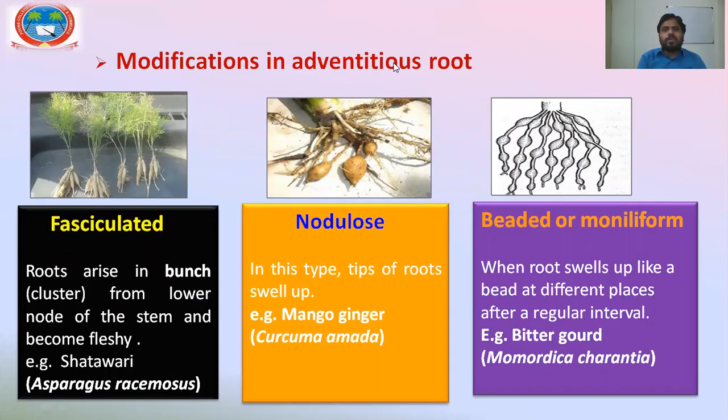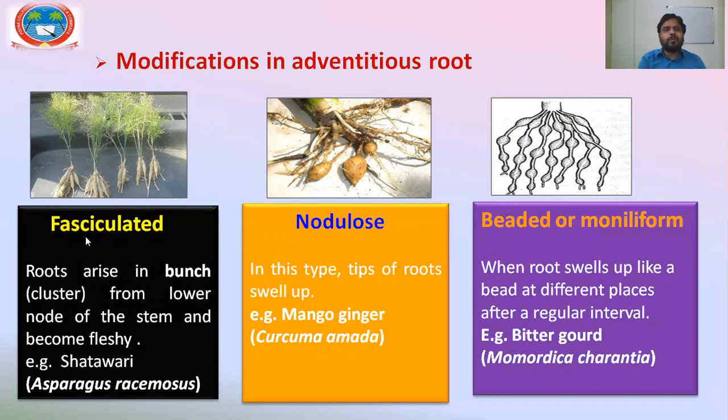Now we'll talk about the modifications in the adventitious root. First of all, we talk about the fasciculated root. Fasciculated roots have the same structure as the fusiform root, that is, the base and the tip taper and the middle gets swollen, as we studied in the fusiform root.